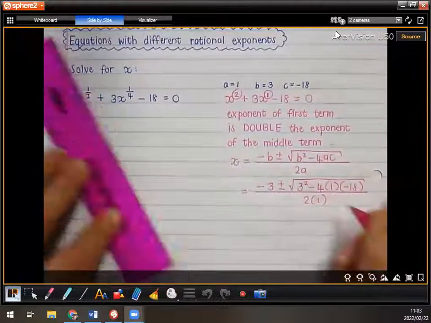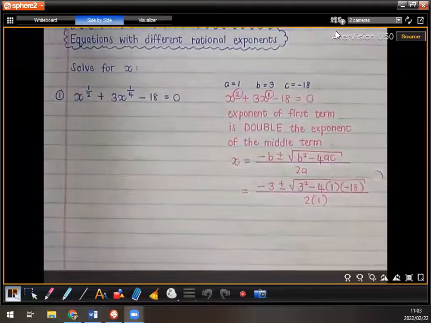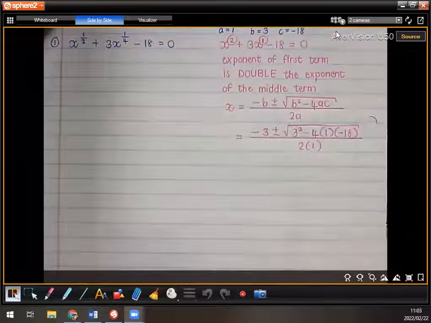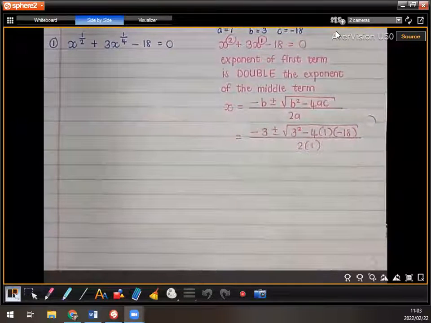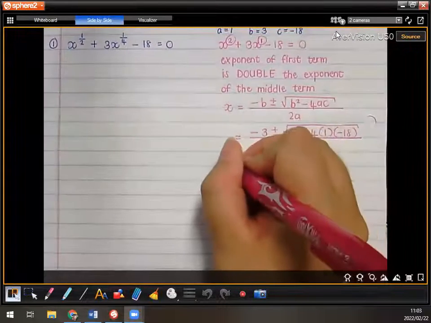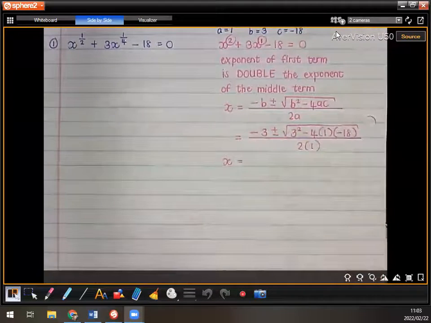2a, 2 times 1. Remember, guys, you have to show that substitution step. Okay, if that step is not there, you're going to lose a mark. So then we'll type that into the calculator. And you will get negative 6 and 3.